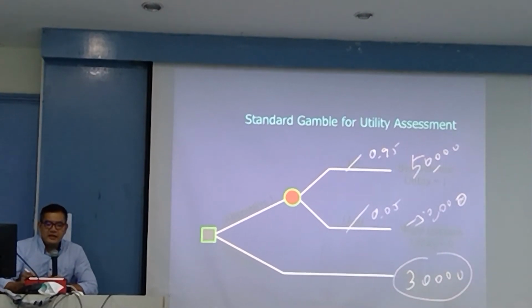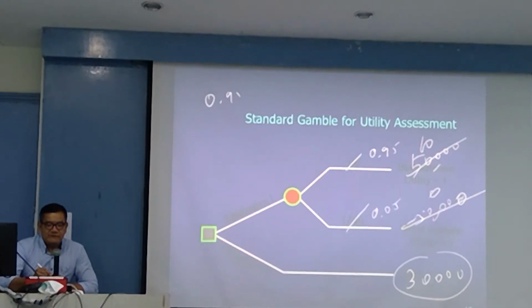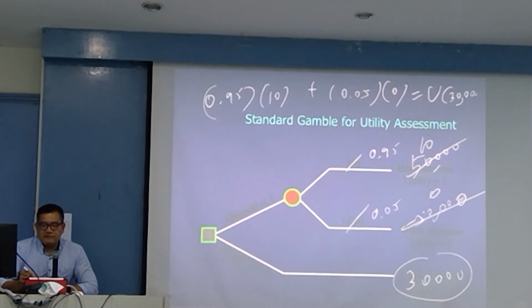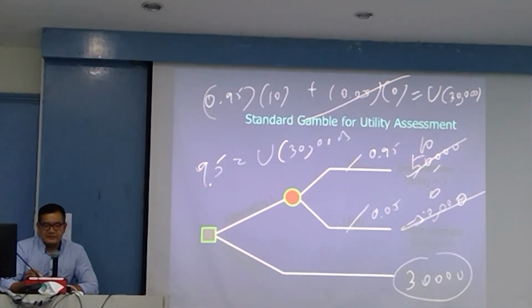For example, in this case, we have 50,000 be 10, minus 50,000 be 0, right? Then you can have 0.95 multiplied with 10 plus 0.05 multiplied with 0 equal to the utility value of money 30,000. This one is 0, right? Finally, you have 9.5 as the utility value of money 30,000.